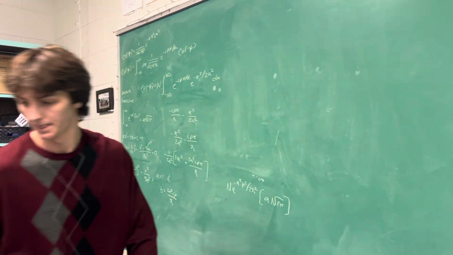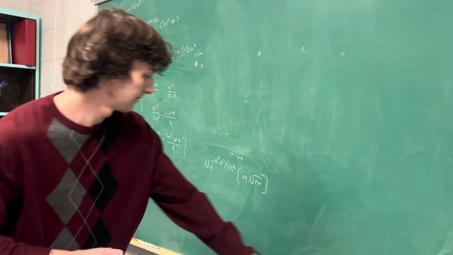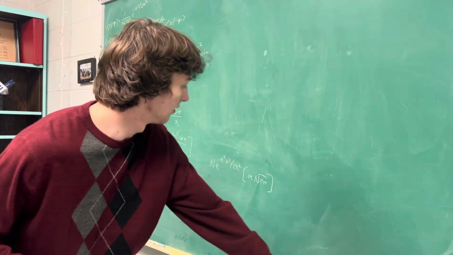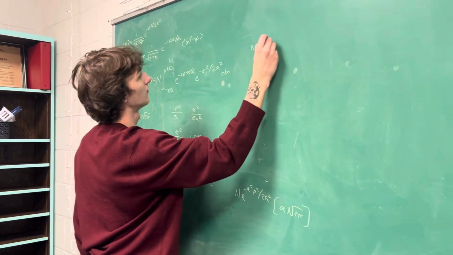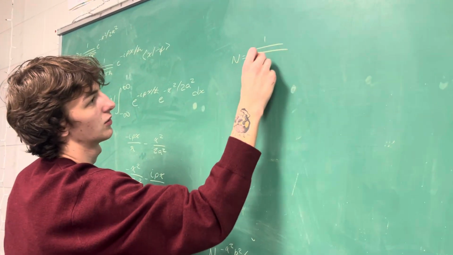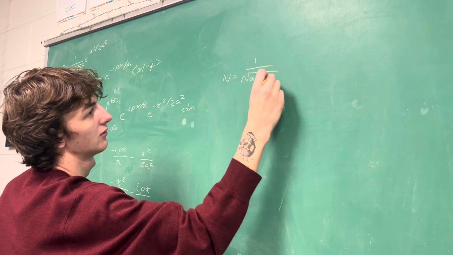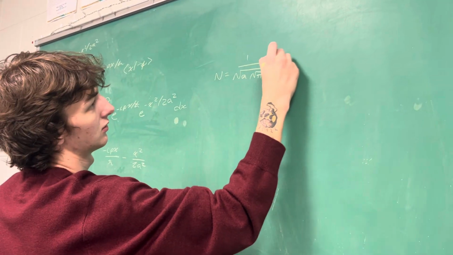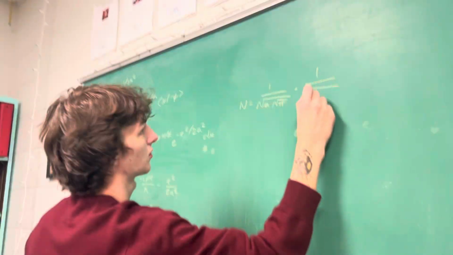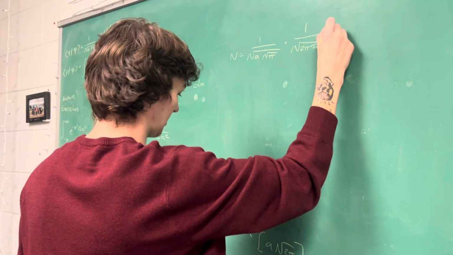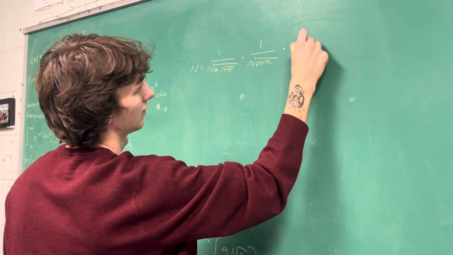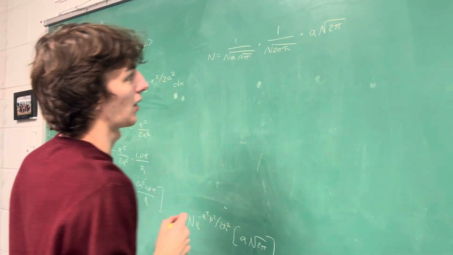And so let's move this. N, if you remember, was the product of 1 over the square root of a times the square root of pi times 1 over the square root of 2 pi h bar, and now times a square root of 2 pi.